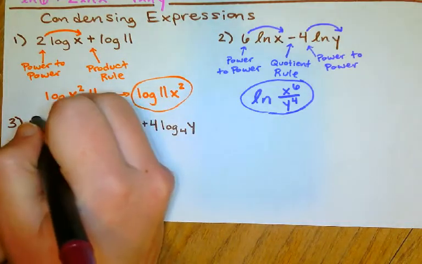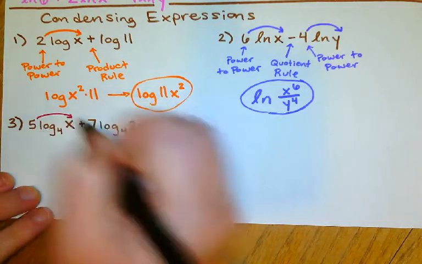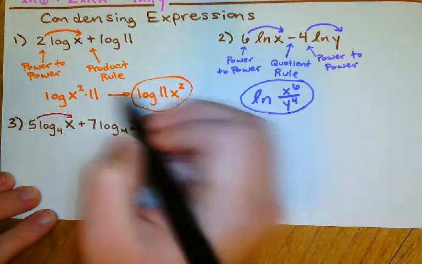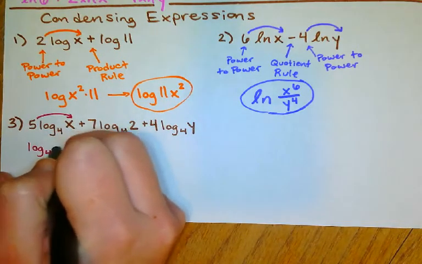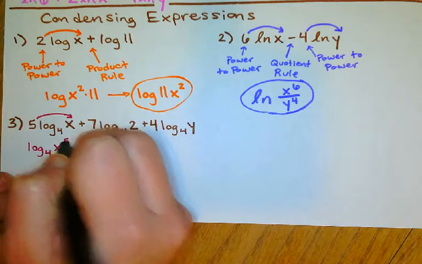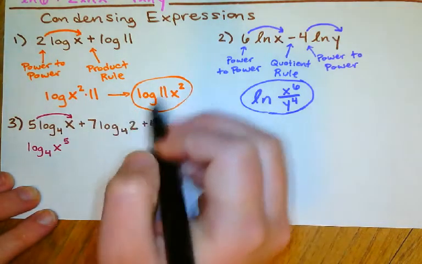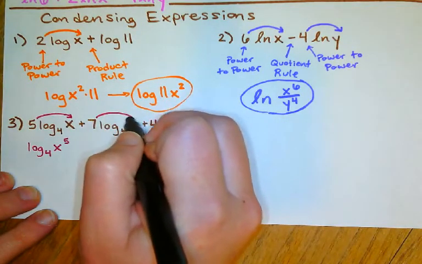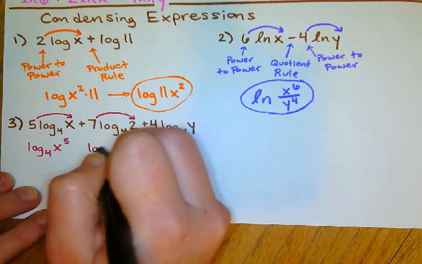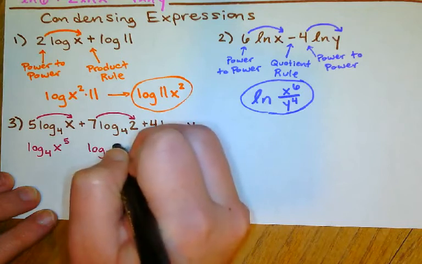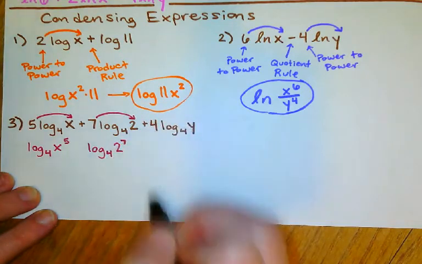So, this 5 is going to be moved back up to the exponent. So we're going to have log base 4 x to the 5th. This 7 is going to be moved back up to the exponent. So this is going to be log base 4 of 2 to the 7th.